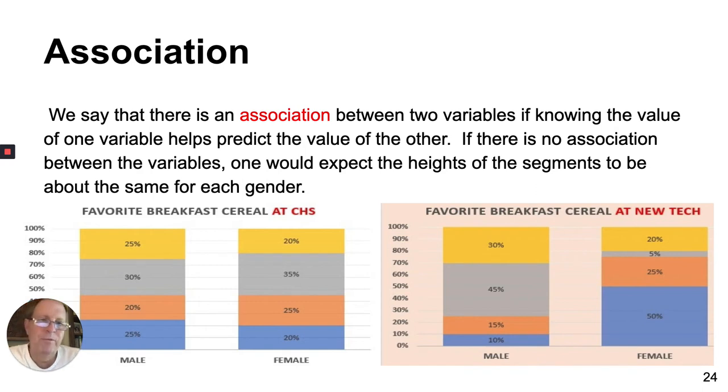And I did the same for students at New Tech. That's on the right-hand side. I've got the results of a poll of students at New Tech. So the question is, is there an association between favorite breakfast cereal and gender?